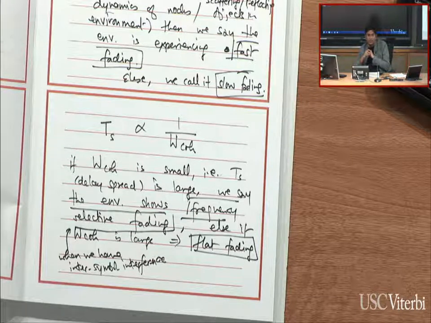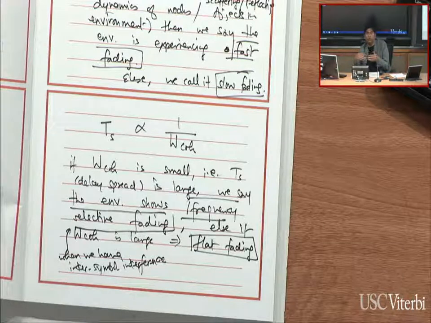CDMA is an example of something that uses spread spectrum that allows you to identify some of these additional delayed portions of the signal, and instead of having them affect your performance, you can either filter them out or actually even use them to boost your signal.